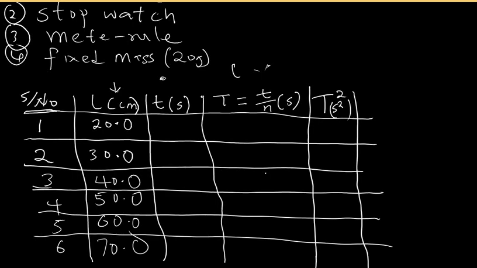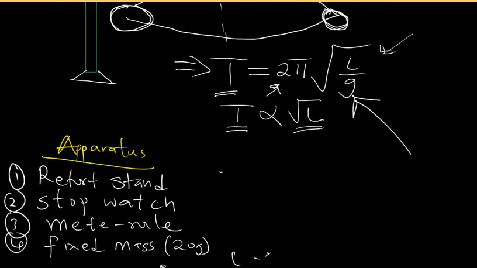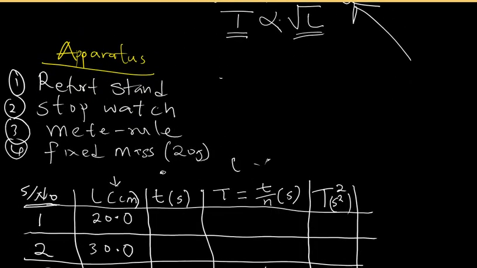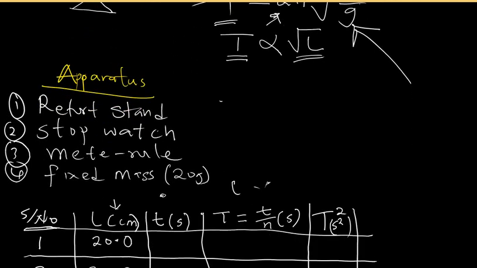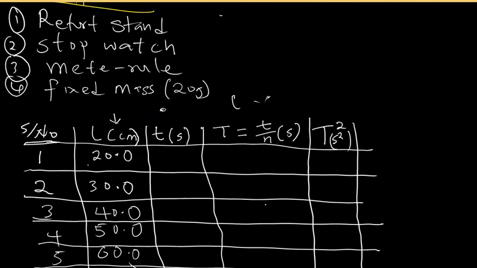So first of all, let's get our period. From this particular formula, we're going to get the period for each of the lengths. The very first length I'm starting with is 20 cm. Don't forget you have to convert the cm to meters.